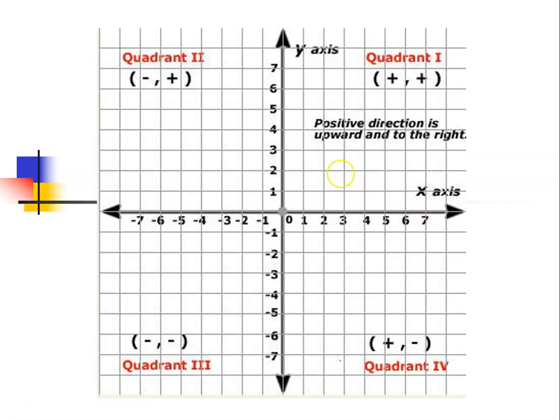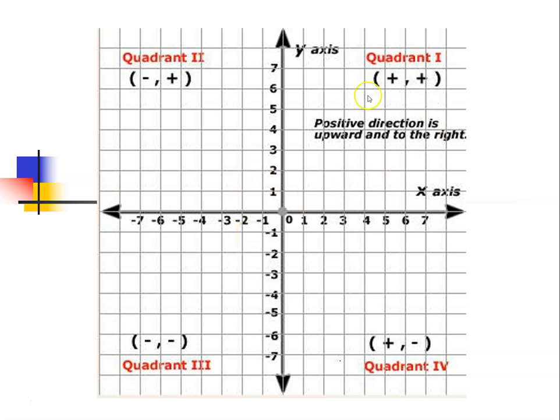So, the Cartesian plane consists of the x and y axis. The positive direction is upwards and to the right, and then the negative is going to the left and going down. So that is how you will know what the sign will be in the Cartesian plane or rectangular coordinate.